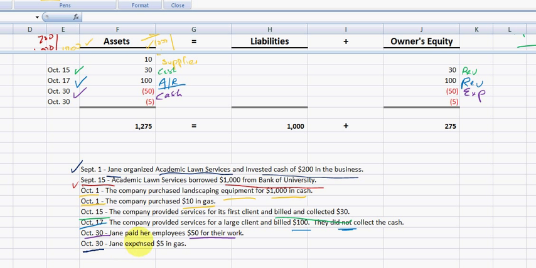And also on October 30th, Jane expensed $5 in gas. So on the owner's equity column, we can say $5 in expenses here. What do we say here in the assets column? Is it $5 in cash? Or is it $5 in gas supplies?